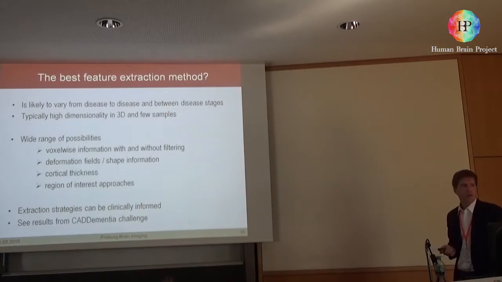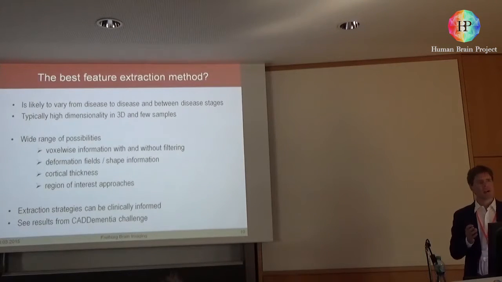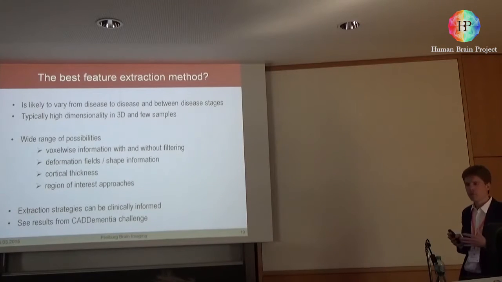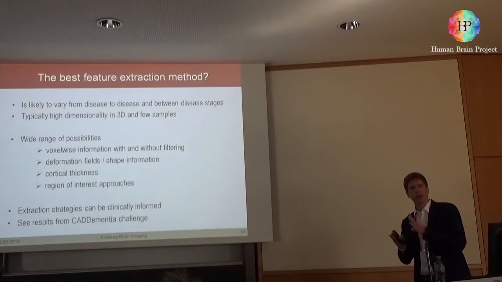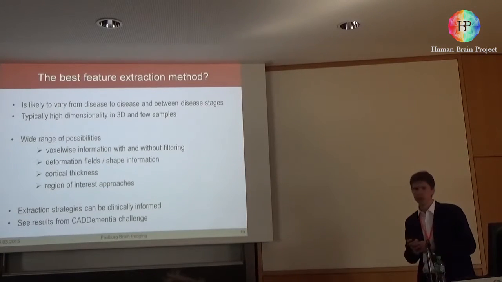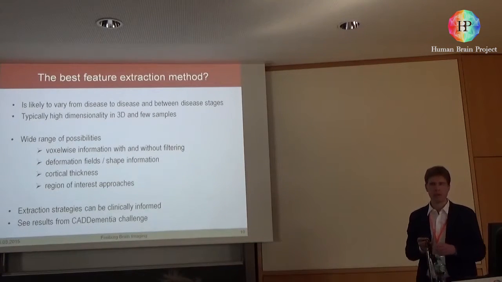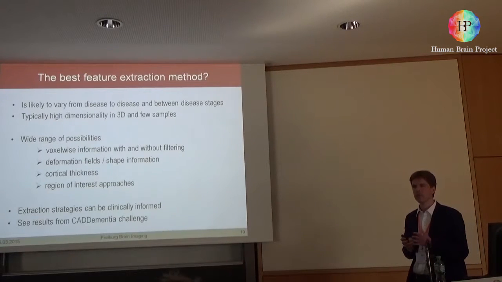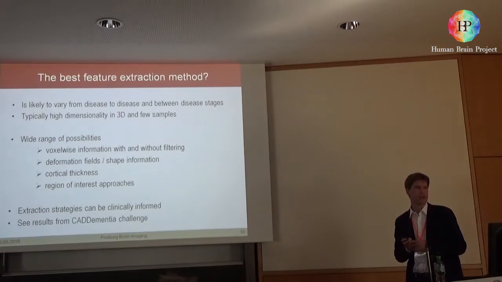There's now a range of methods in terms of the pre-processing, so how you extract data from the images, and also into which classifier you put them. John Ashburner was always pointing out something called Occam's razor, which means if you have several methods, it's usually the case that the simplest method is the best.